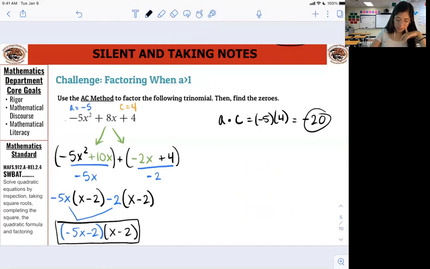And now we find our x-intercepts. What do I do? How do I find my x-intercepts? Subtract 2.